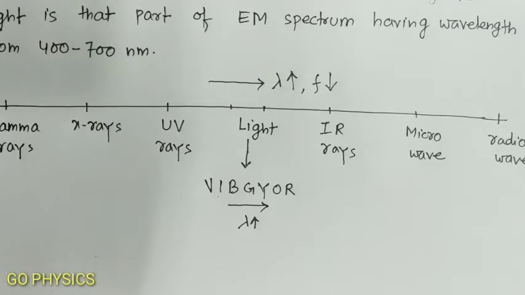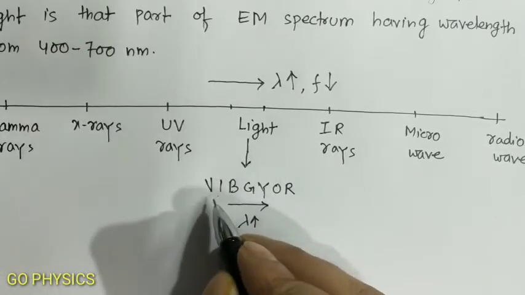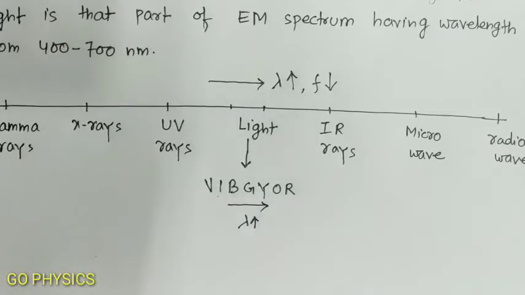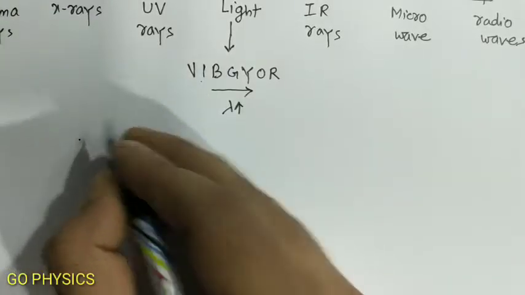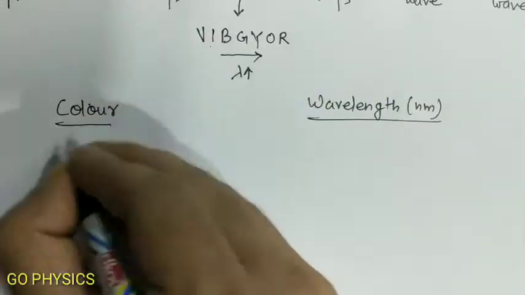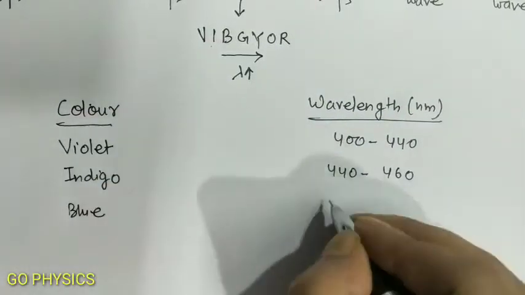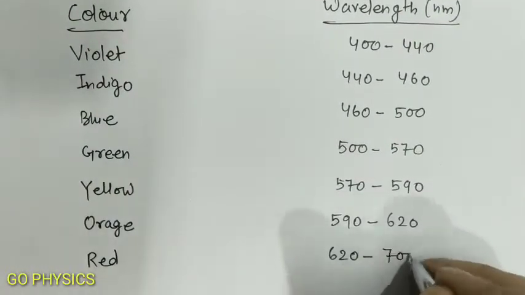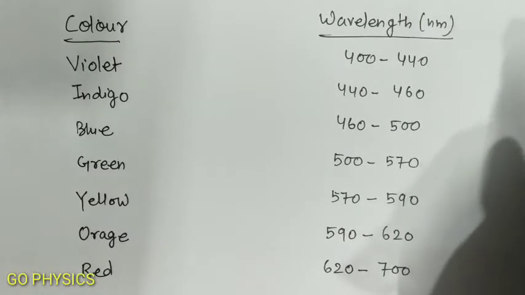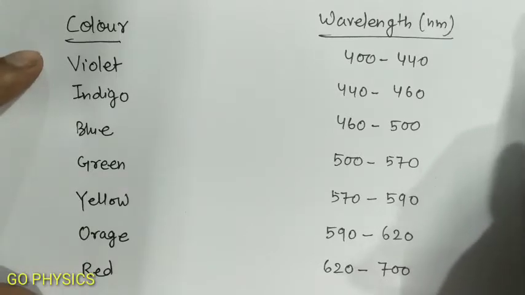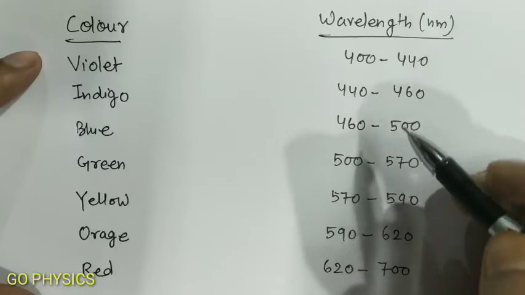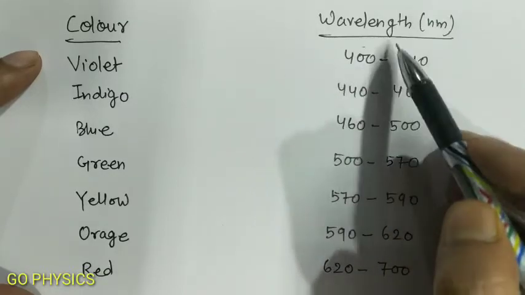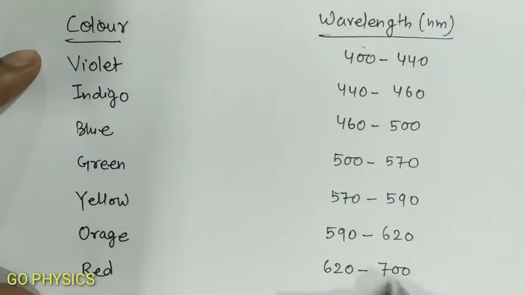Now we are going to see what are the different wavelengths of the particular colors. So from here we can see that the visible part, that is VIBGYOR, the visible part of the spectrum has minimum wavelength of 400 nanometer and maximum wavelength is 700 nanometer, and that is for red color.